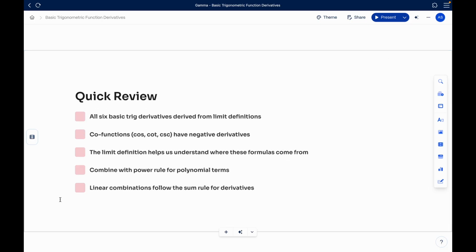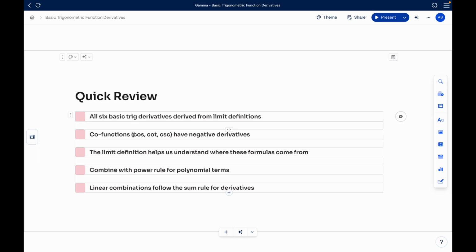And here is a small quick review. All of the 6 basic trig derivatives derived from limit definitions, that's what we did above. Then the cofunctions, cosecant, cotangent, cosine, even though it's in the exact opposite order written over here. If we said it in the order it was written, it would be cosine, cotangent, cosecant. All of them have negative derivatives.